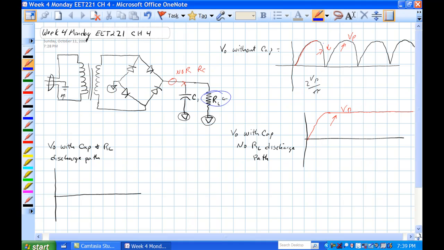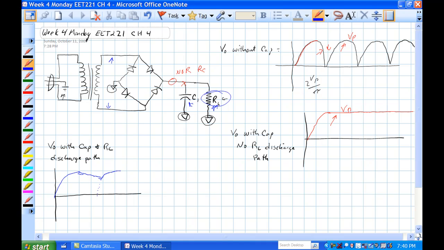What happens is the cap will charge up like so, and when it gets to peak, the voltage from here to here gets lower than this V peak, and the current path for RL actually comes from the cap. So the cap supplies that, but the cap's voltage dies down when the peak comes back up again here.